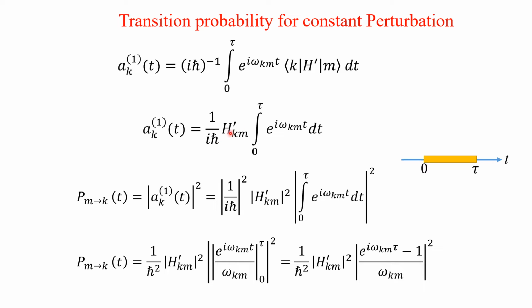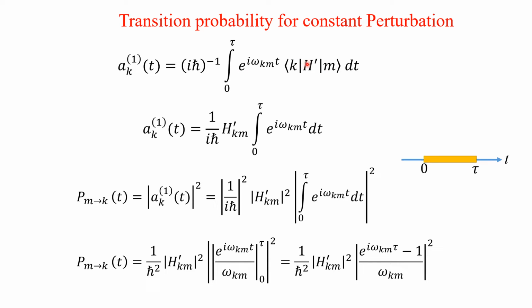Here you must keep in your mind that the wave vector, initial wave vector |m⟩ and final wave vector ⟨k|, are time independent. We have taken time dependence only in the exponential term.